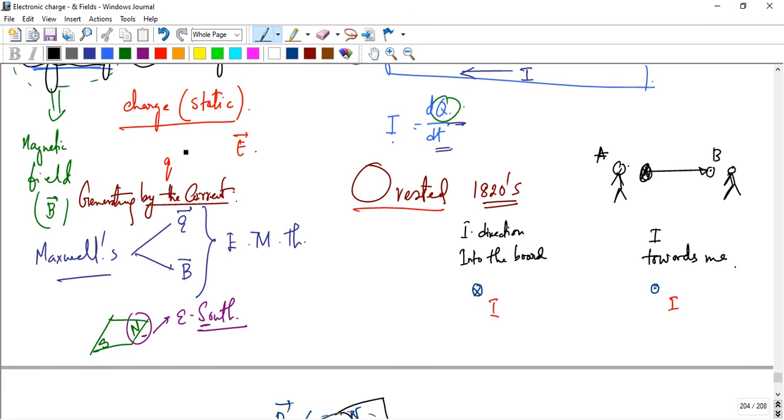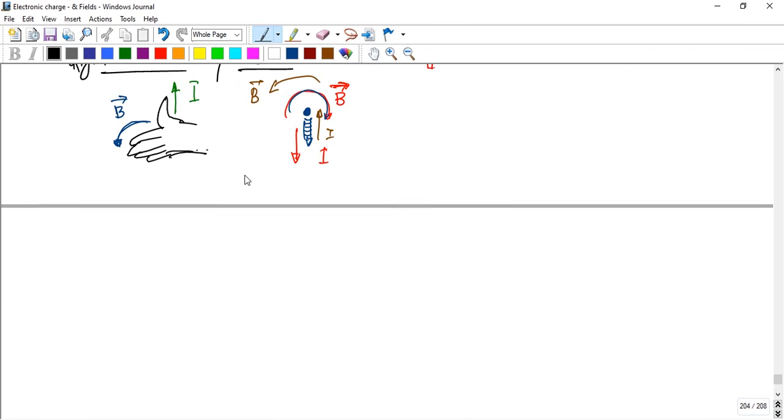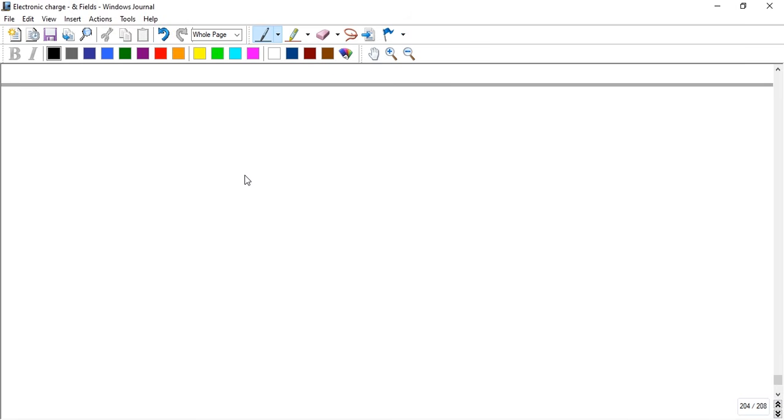Another important point is that there is a force related to that. Like a static charge creates an electric field, and there is a force, the electrostatic force, similarly there is a magnetic force. Now let's take another example. There is a magnet here.